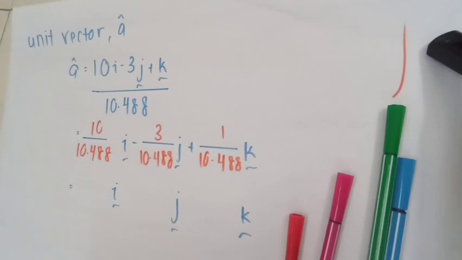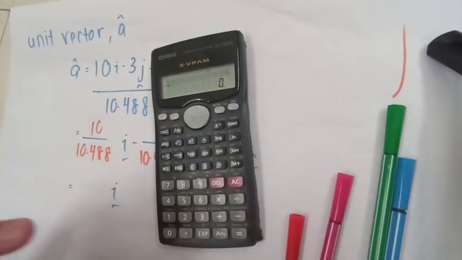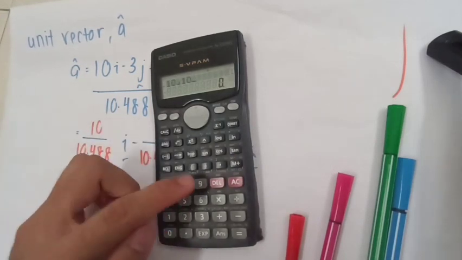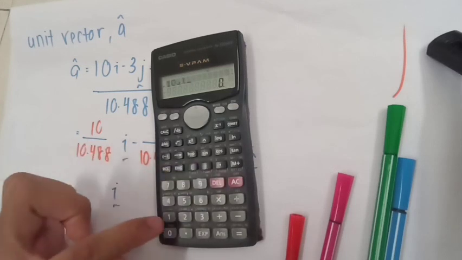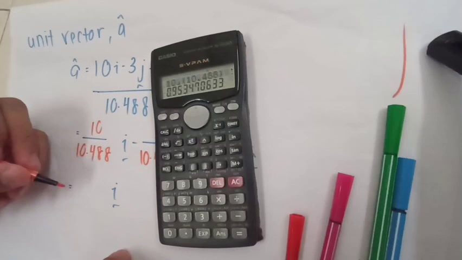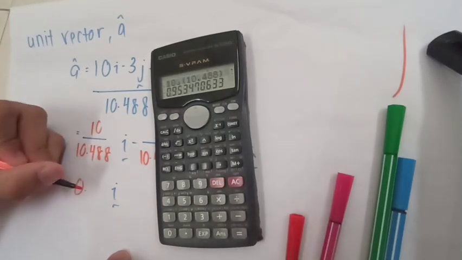So let's find the final values. For i, it's 10 divided by 10.488, and the value is 0.953.